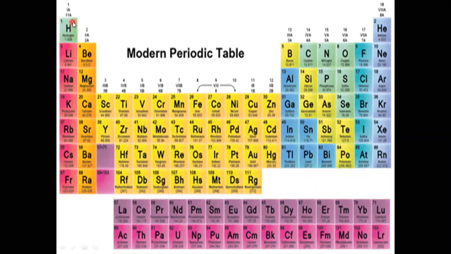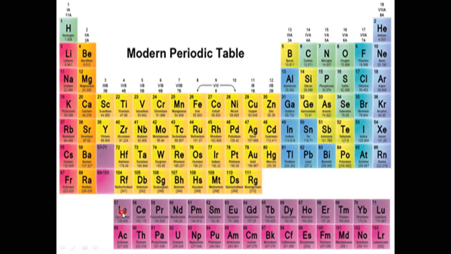The horizontal rows, starting with hydrogen and helium, are the periods: this is the first period, the second period, the third period, the fourth period, the fifth period, the sixth period, and the seventh period.